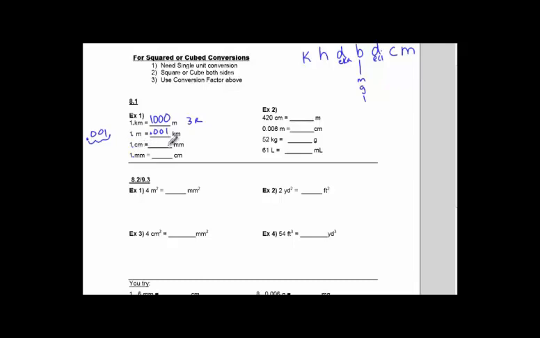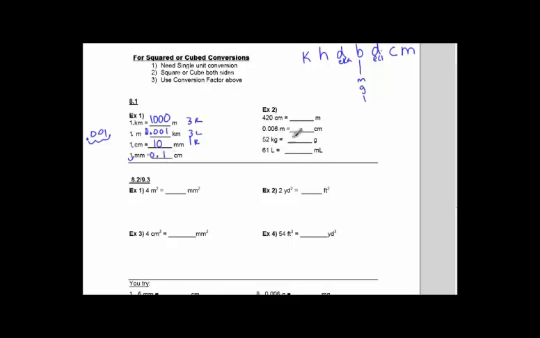One centimeter is equal to how many millimeters? I'd start with centimeters. To millimeters is 1 place to the right, so I'd move the decimal place 1 place to the right, which gives me 10. 1 millimeter to centimeters, I'd want to move the decimal place 1 place to the left, which would give me 0.1.